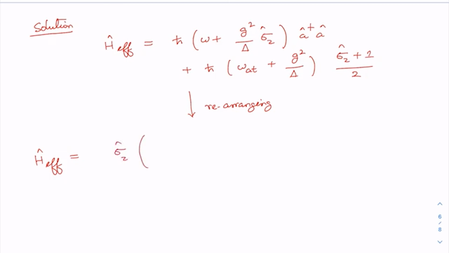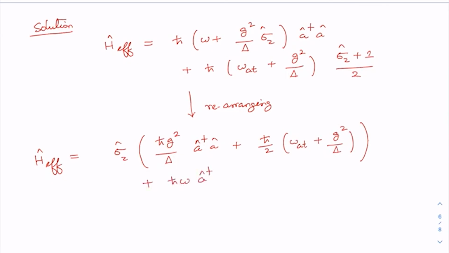Then I have terms like h cross z square by delta a dagger a plus h cross by 2 (omega atom plus z square by delta), and we have the terms h cross omega a dagger a plus half h cross (omega atom plus z square by delta).